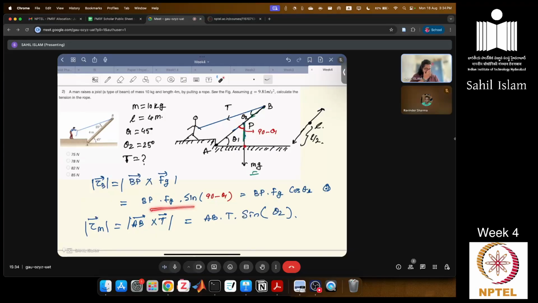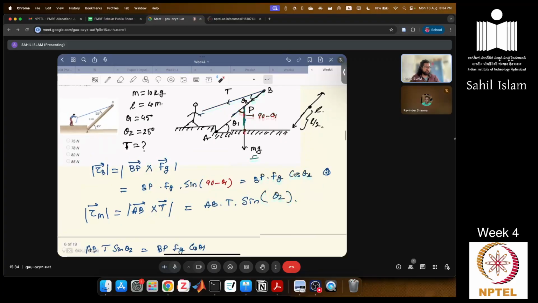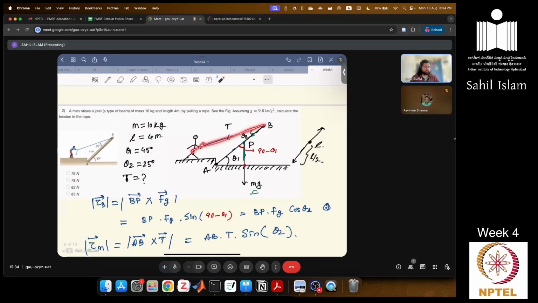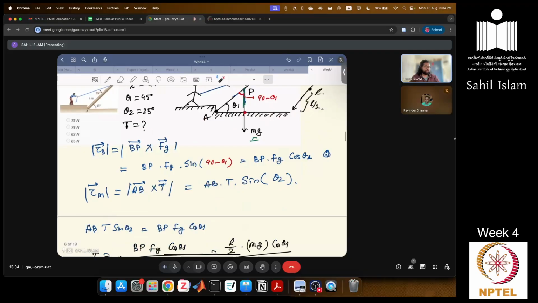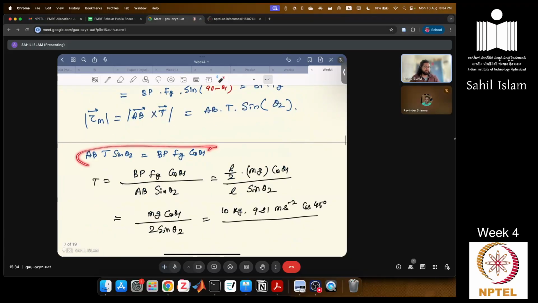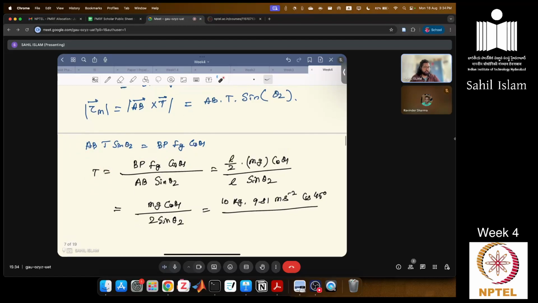So BP Fg sine of 90 minus theta 1, which is cos theta 1, and the torque due to this man's pulling is AB cross T, which is ABT sine theta 2. Now we have balanced these two out, and T is coming out to be, and here we are.